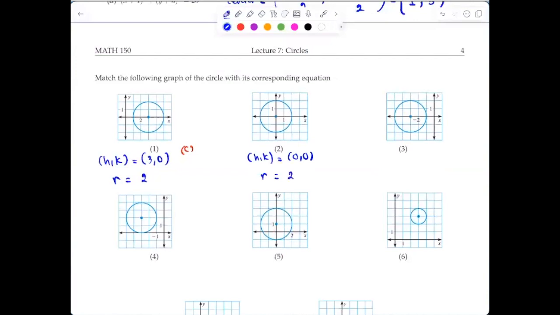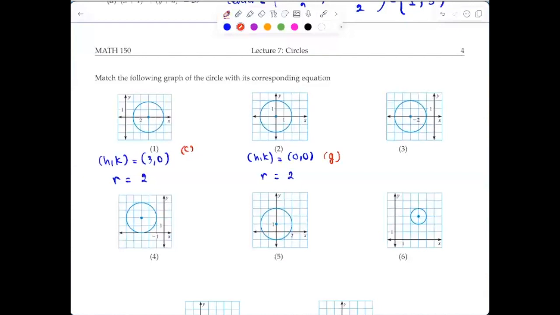So the center is at the origin and the radius is 2. So you're looking for the equation of the form x squared plus y squared equal to 4. So what is the choice here? G. Good.